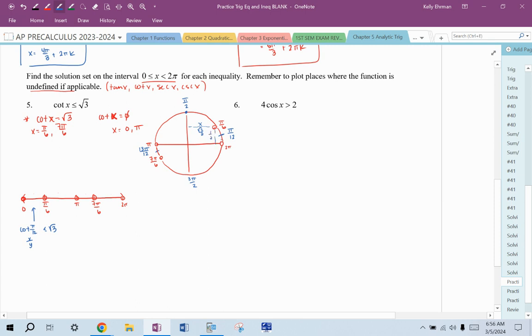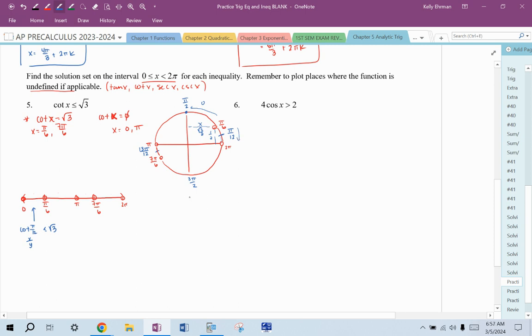Out here, the x-coordinate is larger and the y-coordinate is smaller. It's kind of hard to think whether that is going to come out less than radical 3 or not. Well, as we're getting closer to pi over 2, we know that cotangent's approaching 0. As we're getting closer to 2 pi, or to 0, we know that we're approaching an asymptote.